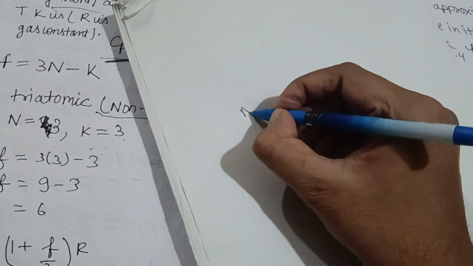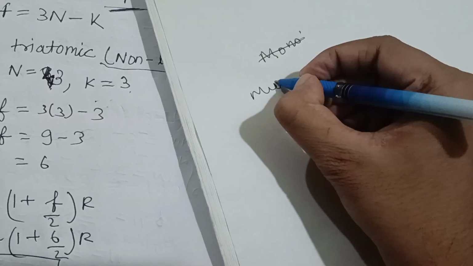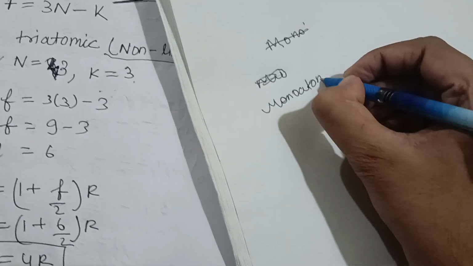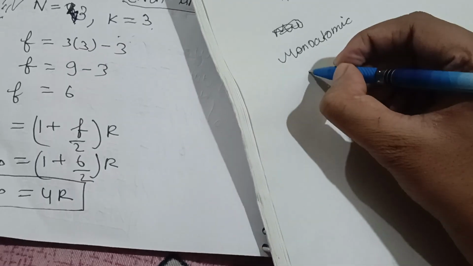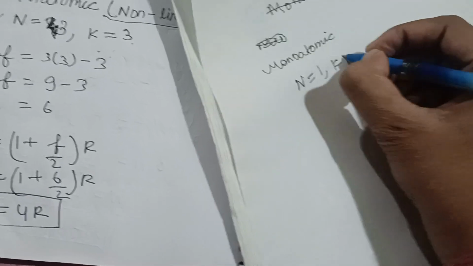So I'm coming here, like for monoatomic, n will be 1, k will be 0.